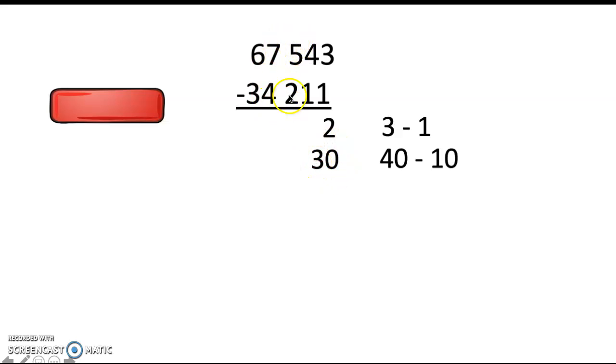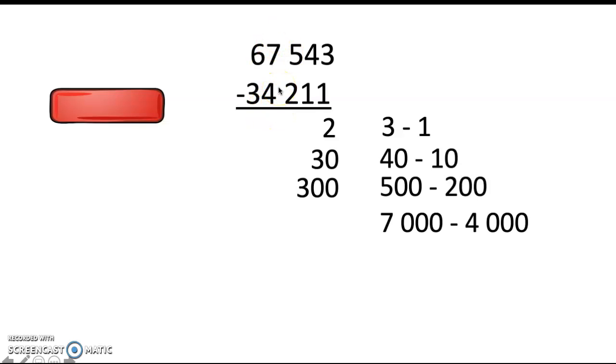And then the hundreds column, what would be our equation? 500 minus 200, which would be 300. And then let's do the thousands place. 7,000 minus 4,000, which is 3,000.